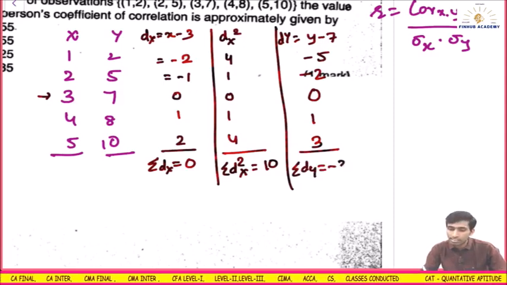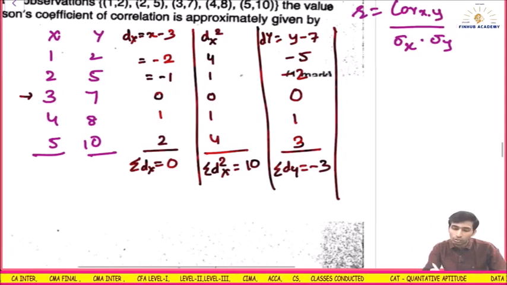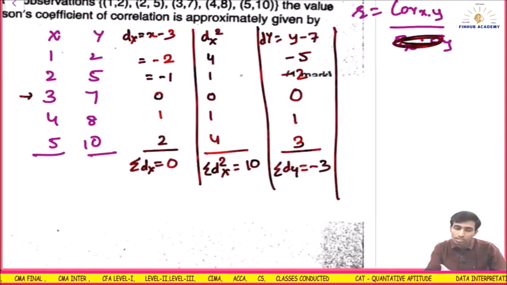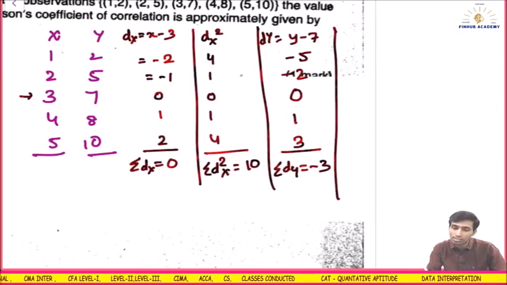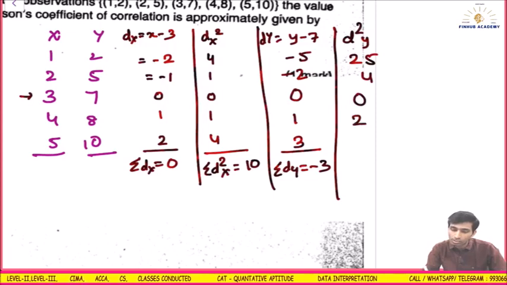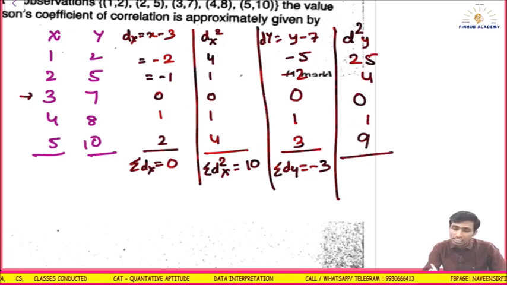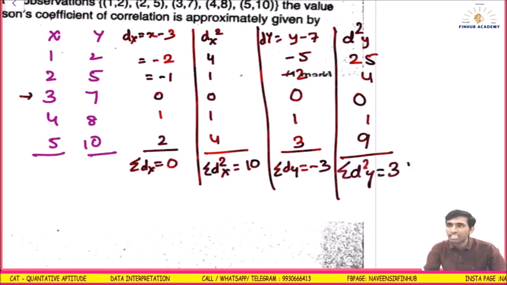Okay, this is minus 3. Immediately you have to take the square of this. Okay, d square y is 25, 4, 0, 1 square is 1, 3 square is 9. Understood? So the total is 39. Summation d square y is equal to 39.